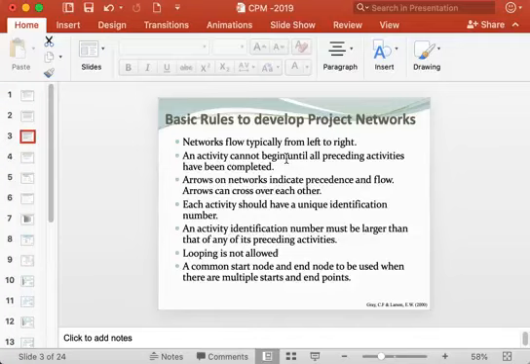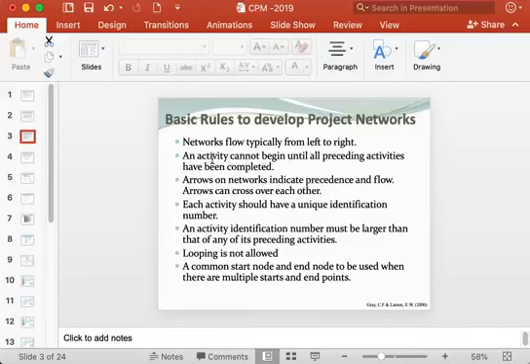Now again, before we go on to the construction of a critical path method network, CPM network, we need to keep in mind certain basic rules and follow those rules.